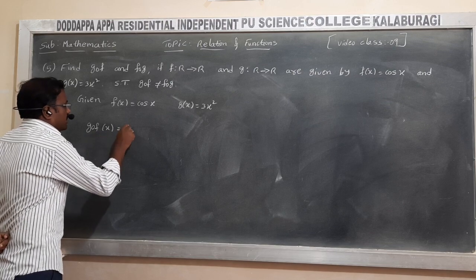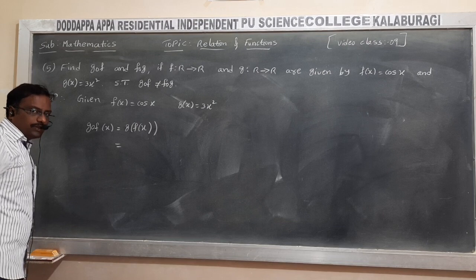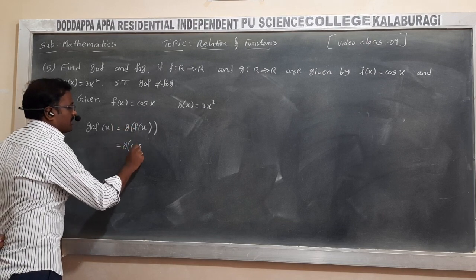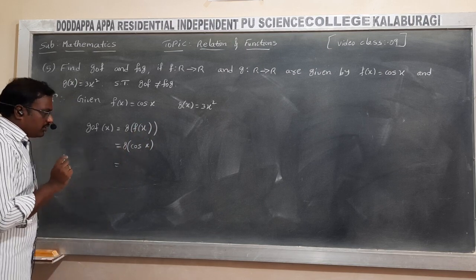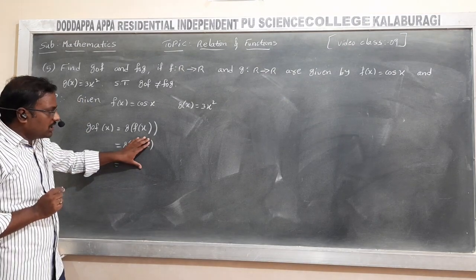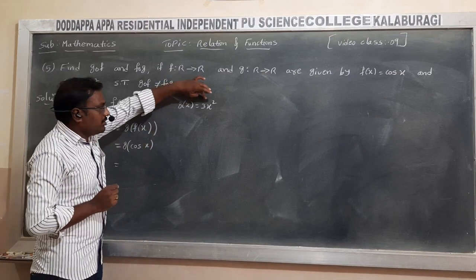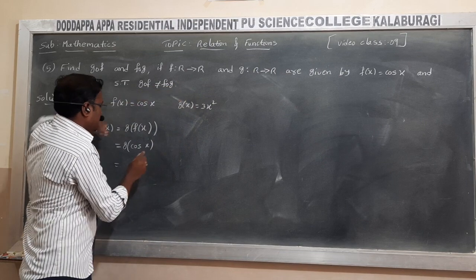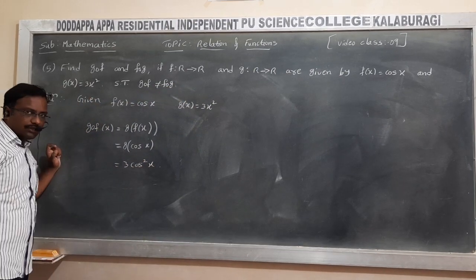So g naught of f of x can be written g of f of x. f of x value is cos x, so g of cos x. Here very important, this cos x is considered as the x term. So g of x is equal to 3x square, so in g of x, the cos x value can be substituted here. That is 3 cos square x.